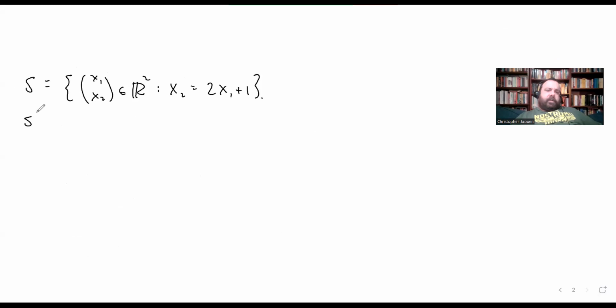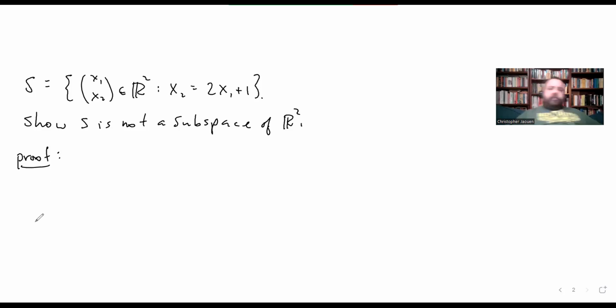All right, show this is not a subspace. For example, I can take two specific vectors in this set.